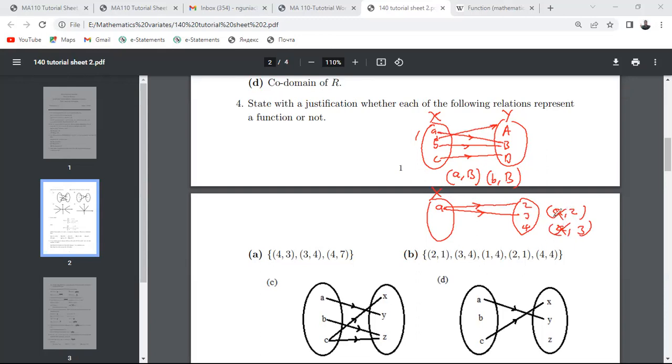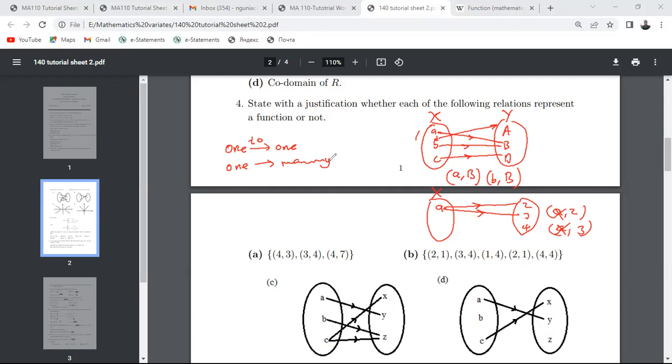So a function should have only one element in the domain corresponding to one or more in the range. In other words, we are saying a function can only be a mapping that is 1 to 1, or 1 to many. That is the definition of a function. Each element in the domain can only map to exactly one element.